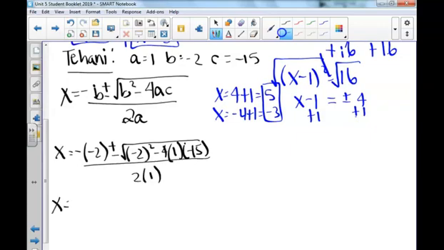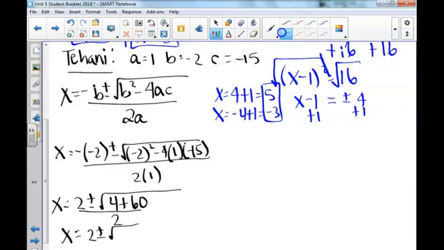When we simplify that, negative 1 times negative 2 is a positive 2, plus or minus the square root of negative 2 squared, which is 4, and negative 4 times 1 times negative 15 is 60, divided by 2. If we simplify what's under the square root, we will get the square root of 64, which is a nice whole number square. So we will get 2 plus or minus 8, divided by 2.